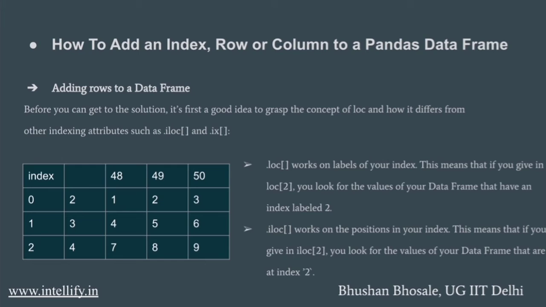When the index is integer based, you pass a label to ix[2], which means that you are looking in your data frame for values that have an index label 2. This is just like loc. However, if your index is not solely integer based, ix will work with positions just like iloc. And further, you can select the empty rows and add rows in it.